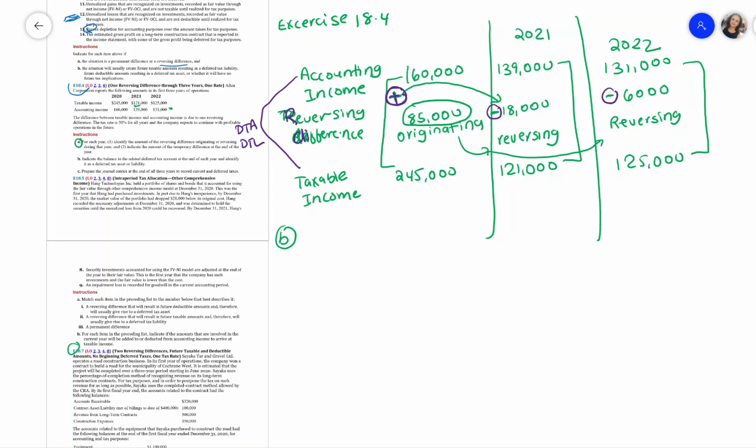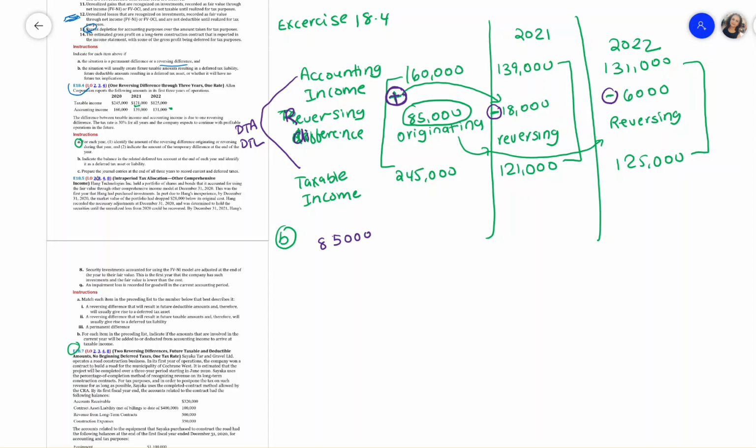So now let's take part B. We want to know the balance in the deferred tax asset or liability account. How do we do that? Our difference is positive, so in this case we do a journal entry.